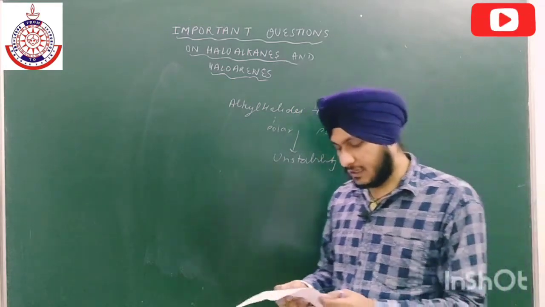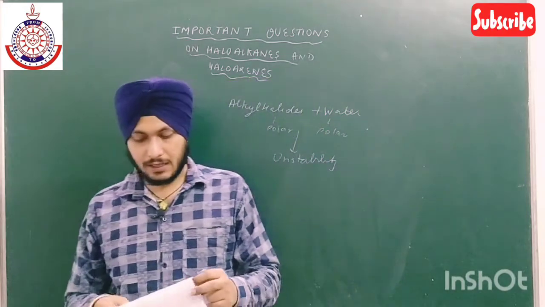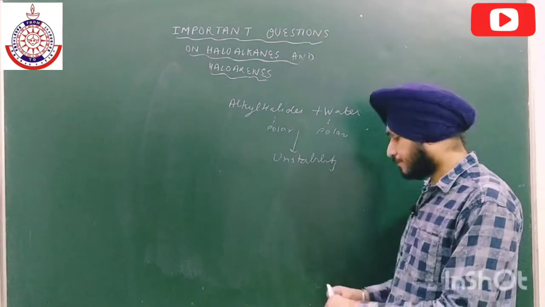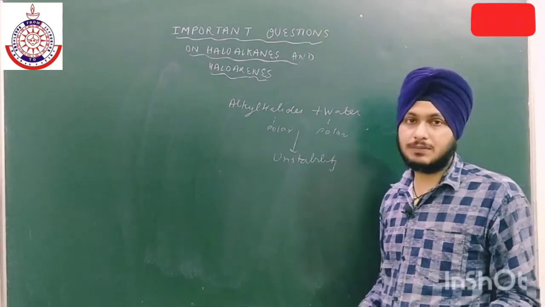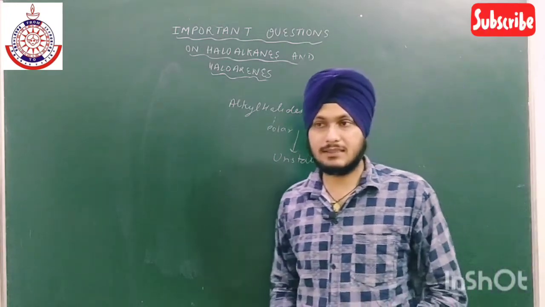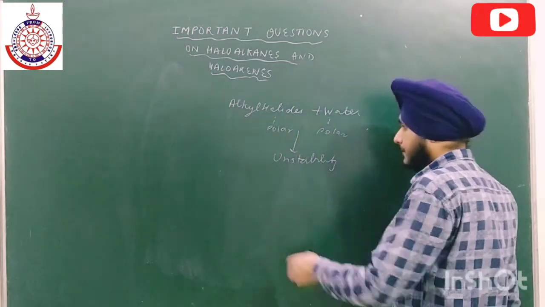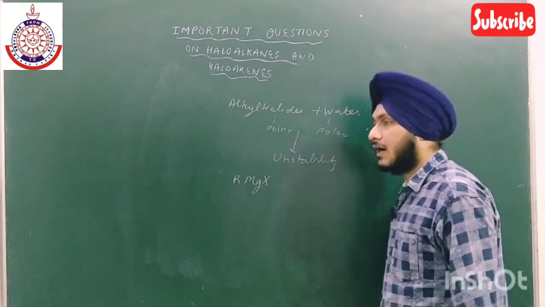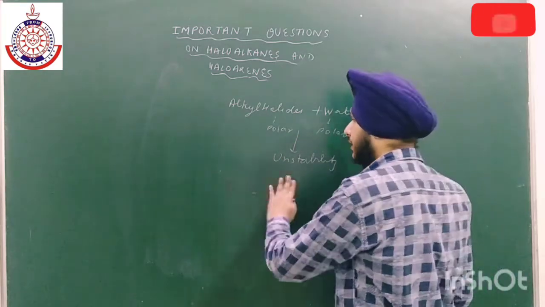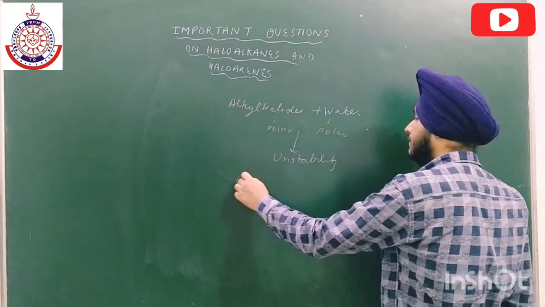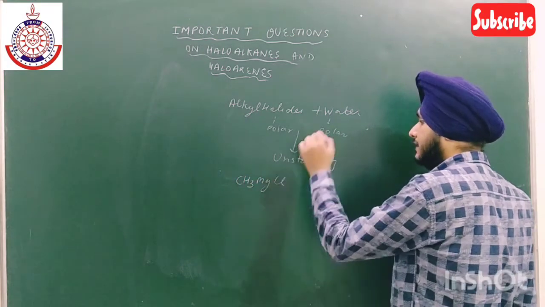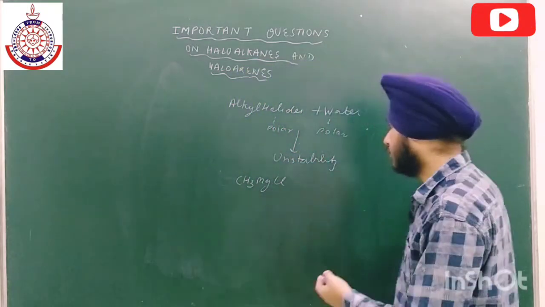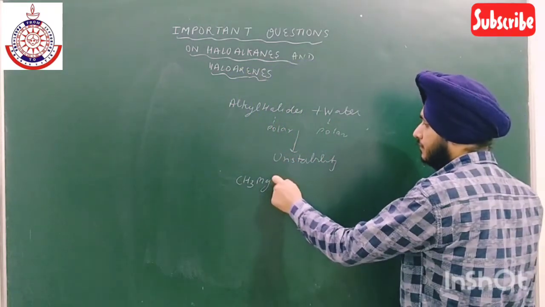So the fifth question is: Grignard reagent should be prepared under anhydrous conditions. This question was asked by CBSE in 2011. So why should Grignard reagent be prepared under anhydrous conditions? Because RMgX, I am taking an example, like CH3MgCl or MgBr, you can take MgBr also.